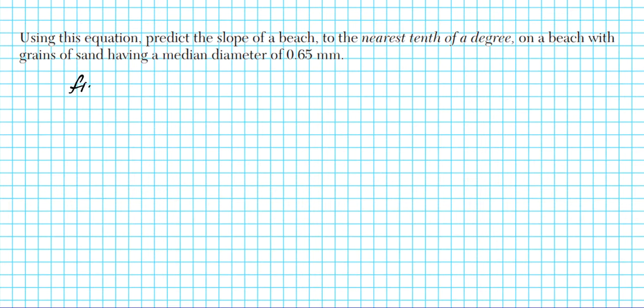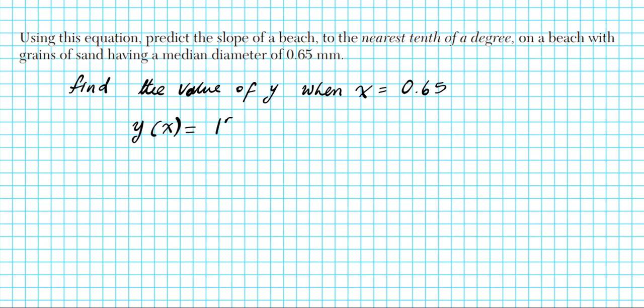Okay, so let's write that down. We are to find the value of y when x is 0.65. That's the power of linear regression functions. You can extrapolate, you can make predictions using your regression equation. So our regression equation, y as a function of x, equals 17.159x minus 2.476.